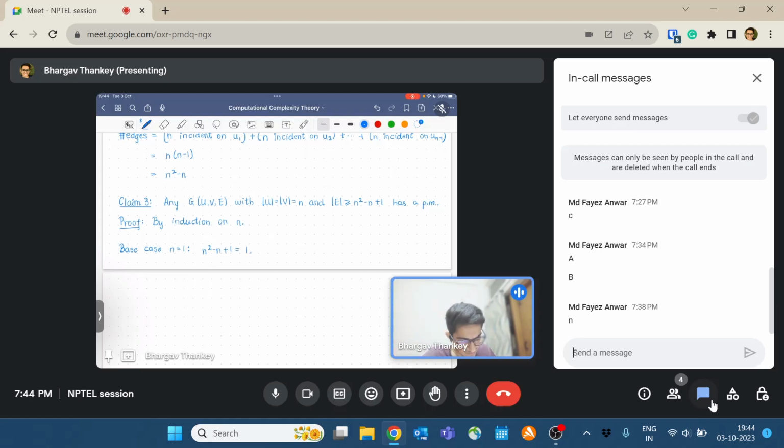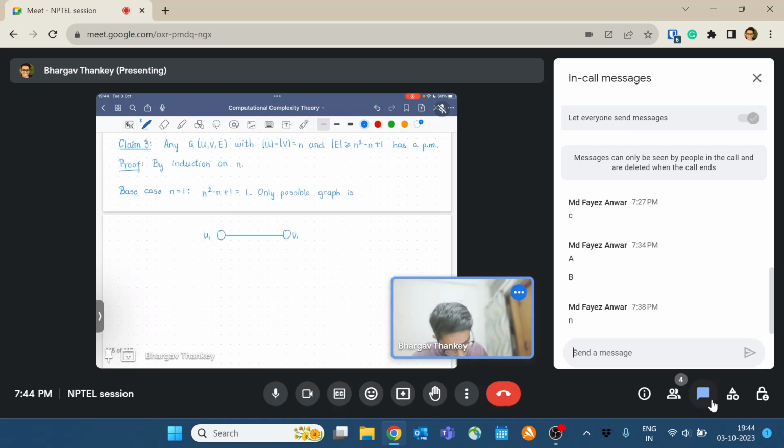So the only possible graph is this. It clearly has a perfect matching, right? So the base case is true.